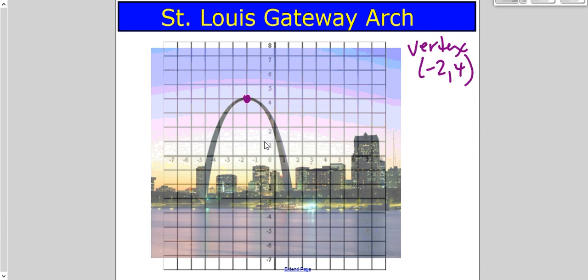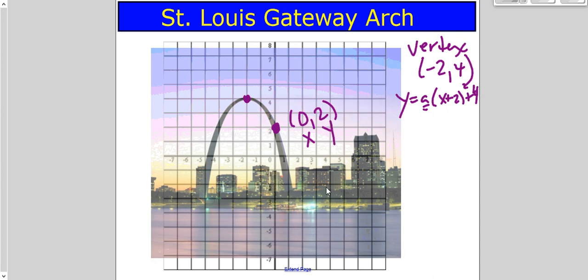Okay, so if it is, what you can do, just to make things a little bit easier maybe, is do this algebraically. So I know right now x plus 2 squared plus 4 is my equation so far. I'm just missing that a value. If I can find another point on this curve, so let's say this point right here, which is at 0, 2, that's an x and that's a y.